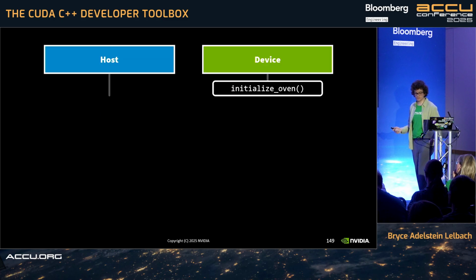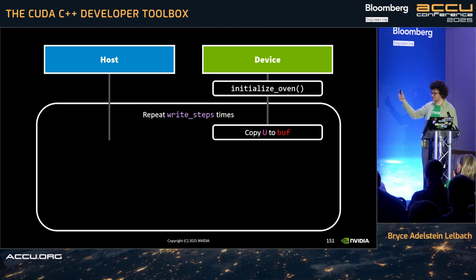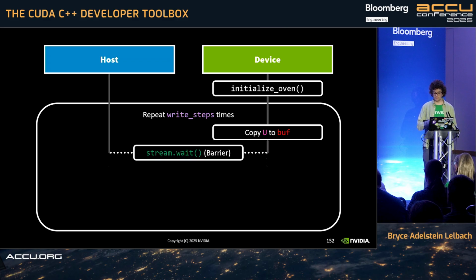So our code will first initialize the problem state asynchronously on the device, and next we'll enter the outer write loop on the host. Next, every write step, we start by copying U to buff. And then we immediately wait on the stream, ensuring that any previous compute and the copy have completed before we continue.